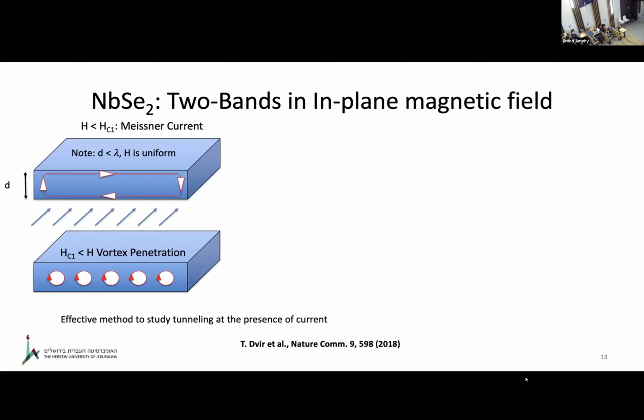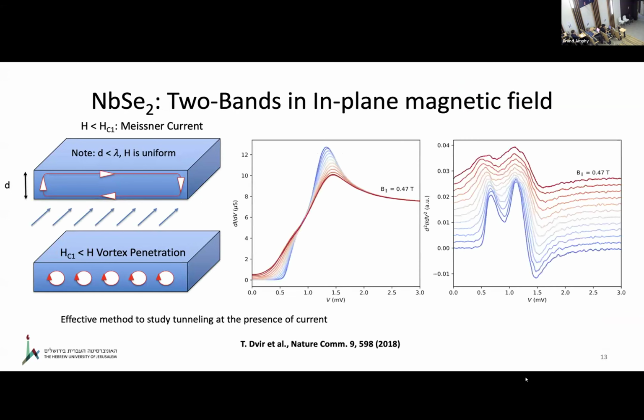Okay, so this is data that we took right here. It was back with my first PhD student, Tom Phil, and we were looking at mid-thickness, 20 to 30 nanometers niobium diselenide. If you look at the tunneling spectrum of niobium diselenide as we start cranking up the magnetic field, you see that the superconductivity includes two gaps.